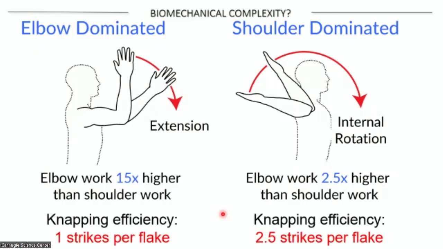So our preliminary analysis shows that when tool makers are using this elbow-dominated strategy, they're more than twice as efficient as those that are relying on the shoulder-dominated strategy in terms of the number of strikes per flake detachment. So this is likely due to two things: the increased strike force, and also the fact that if you eliminate motion at the shoulder, you're probably a lot more accurate.